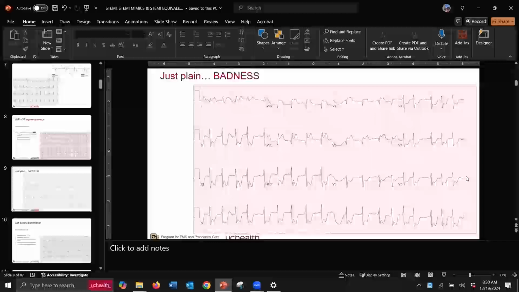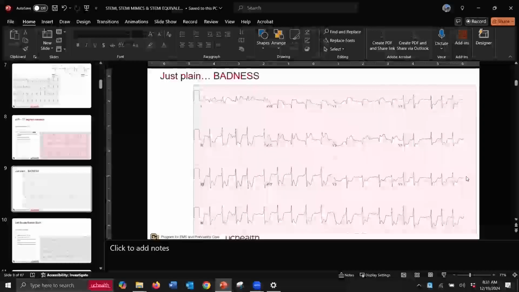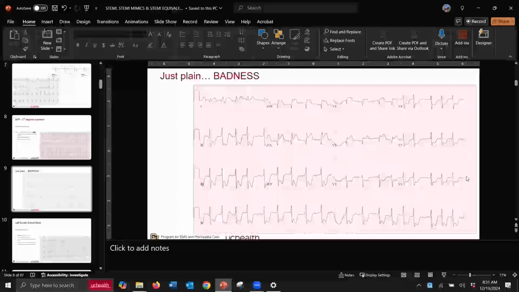Is there ST elevation in 2 or more contiguous leads? Shake your head up and down. That's a check mark in the box. Is there reciprocation? ST depression in 2 or more contiguous reciprocal leads. Shake your head up and down. Yes, there is. So at some point in time, we're going to get to meeting ST elevation criteria with this. Right? This is already bad.